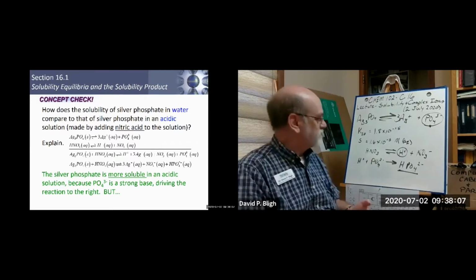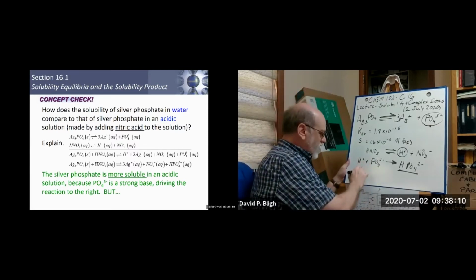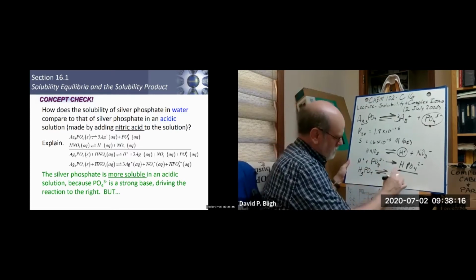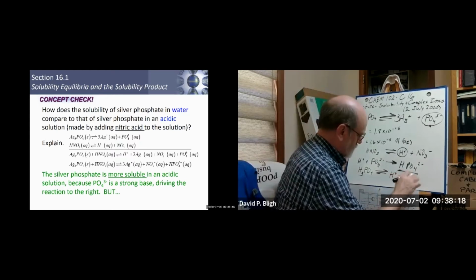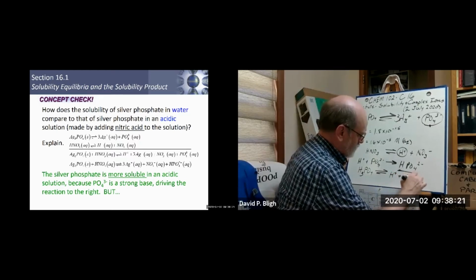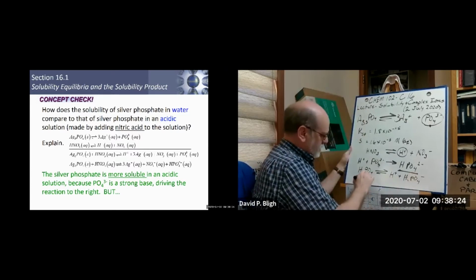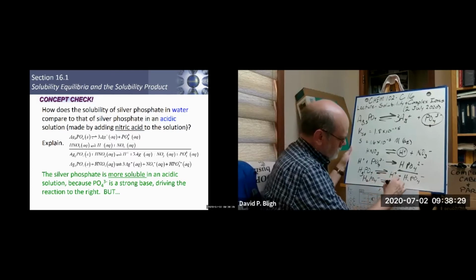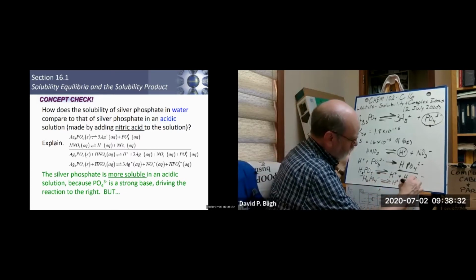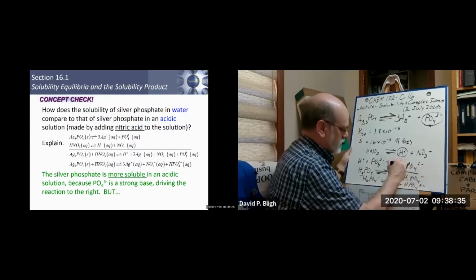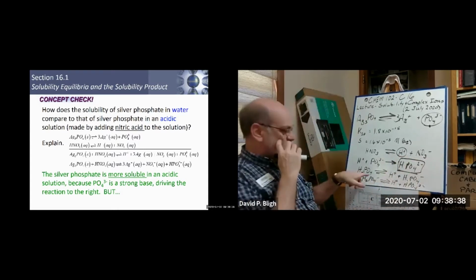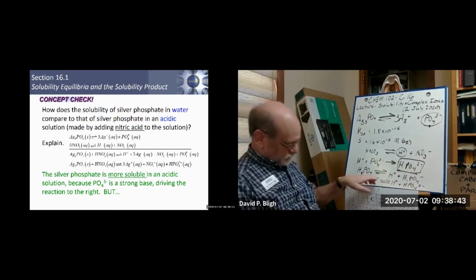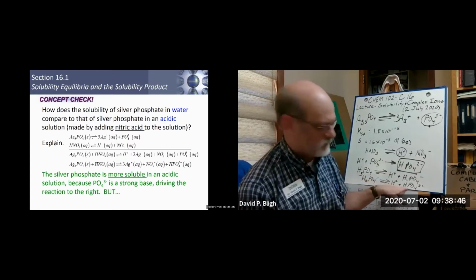Another way of putting it is, if this is a strong acid, H2PO4 minus, and then this one dissociates into HPO4 2 minus, right? So this, with this being a strong acid, this is slightly weaker, but this is still a very strong base.